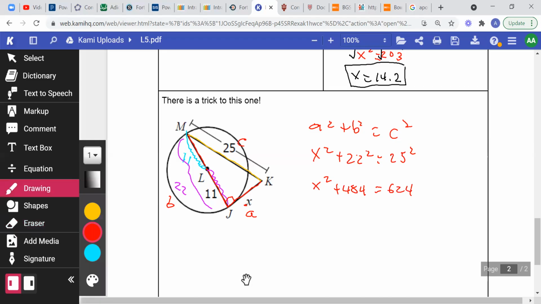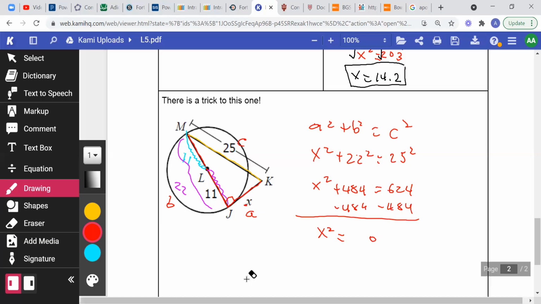Subtract 484 from both sides. Okay, 484. By doing so, what do we have? If you do 625 minus 484, what is the outcome? X squared equals 141. Okay, this is 5.